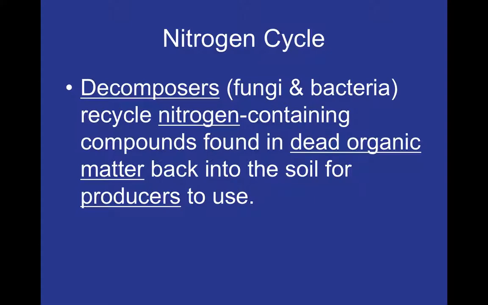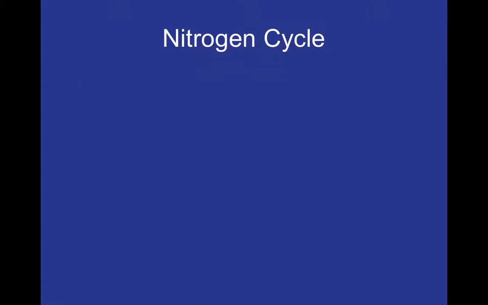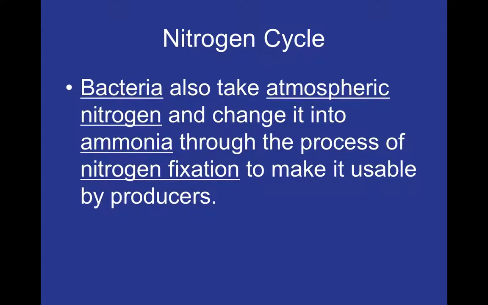Nitrogen is tied up in your proteins and also in your DNA, and without the decomposers we would run out of nitrogen to make more proteins and more DNA, so we could not make more organisms, and the organisms that we have would not be capable of growing. There are some bacteria that are able to take atmospheric nitrogen and change it into either ammonia, nitrate, or nitrite, and that process is called nitrogen fixation. The way I kind of remember it is almost like they're fixing the nitrogen so that it works for us, if that makes some sense.